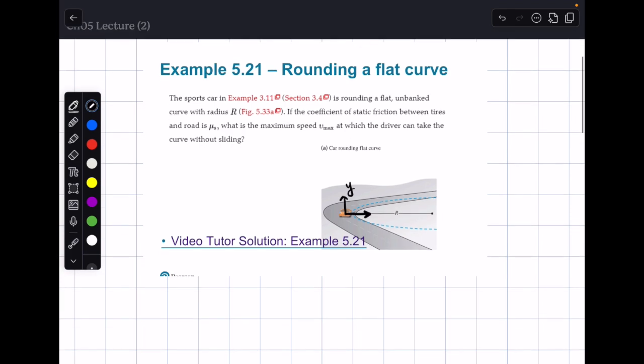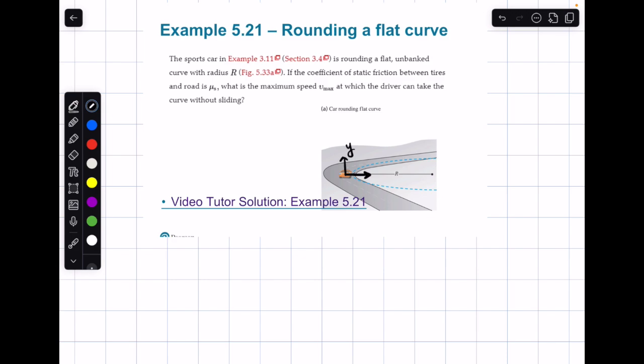What is keeping this car moving in circular motion? What's keeping this car from going straight, and not curving? That is the static frictional force.